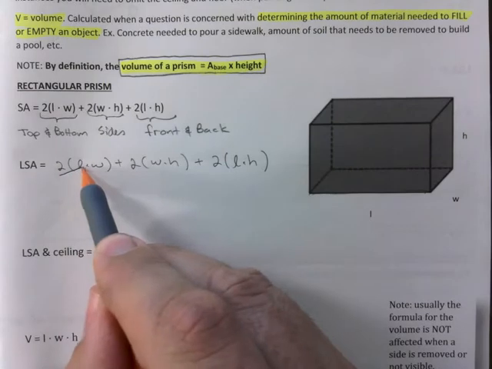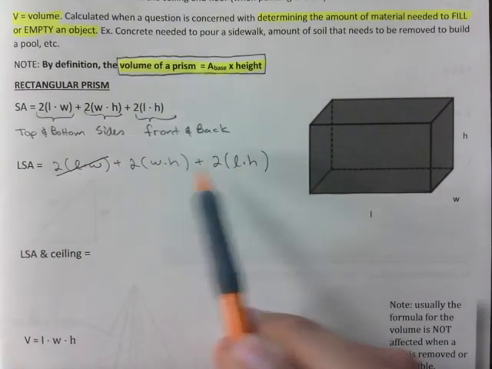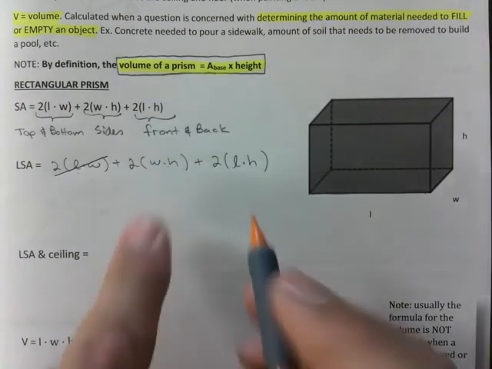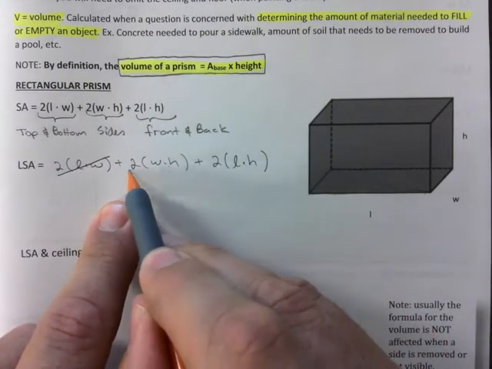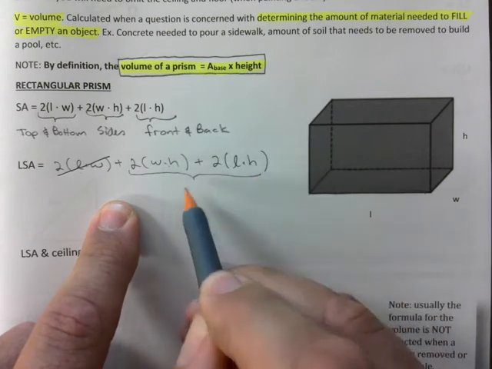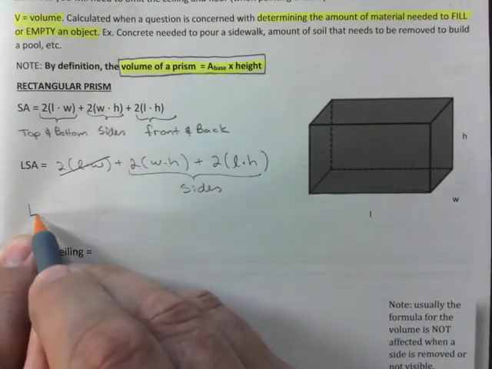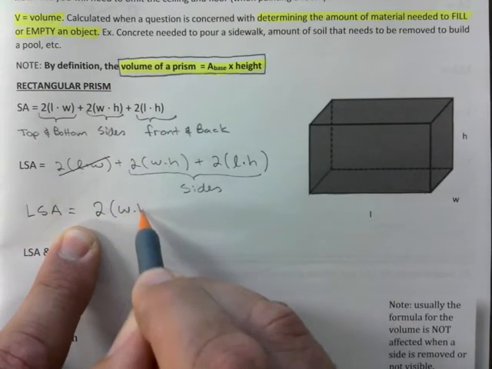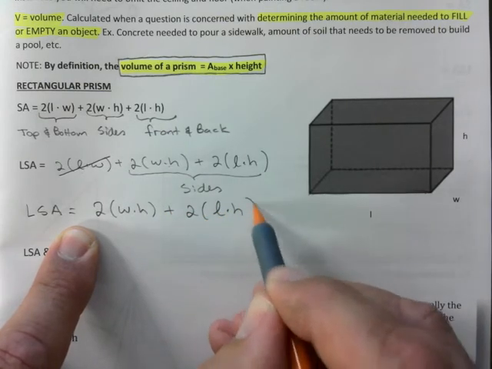Another way of thinking about it: it's the only one that doesn't include the height, because the sides of the room include the height. These are the only two expressions that have a height, so these are the sides. So lateral surface area is 2 times width times height plus 2 times length times height.